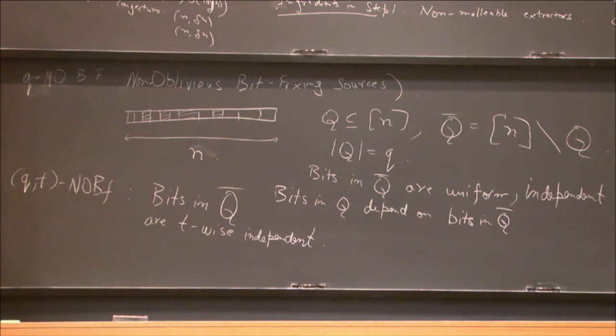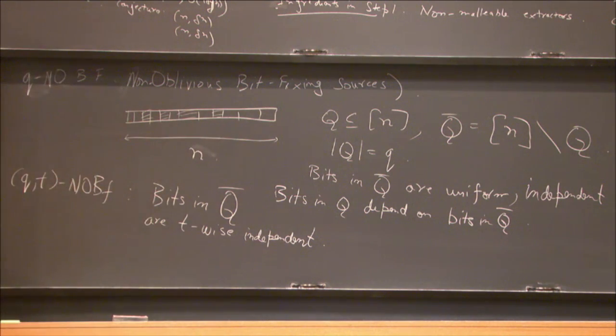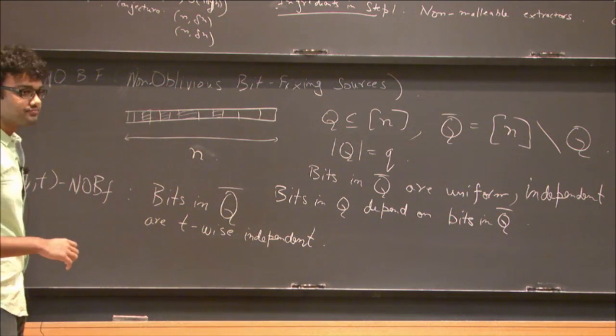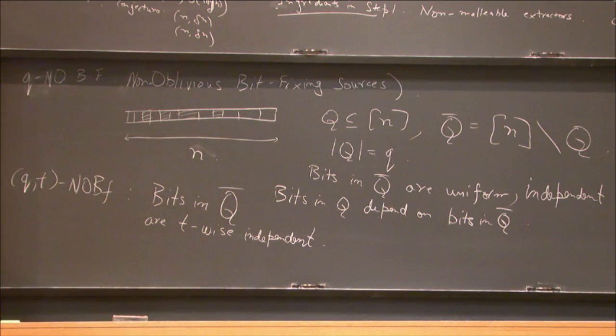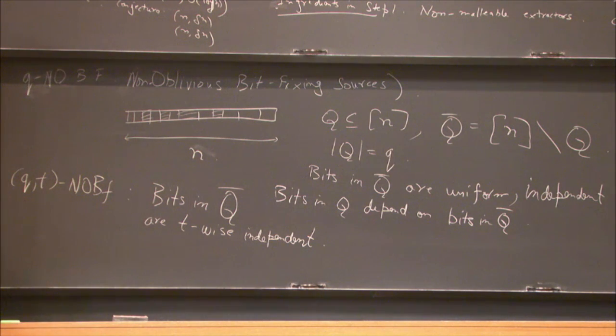In this talk, we should think of T as polylog in n. In our actual reduction, they are almost T-wise independent, but epsilon is very small.